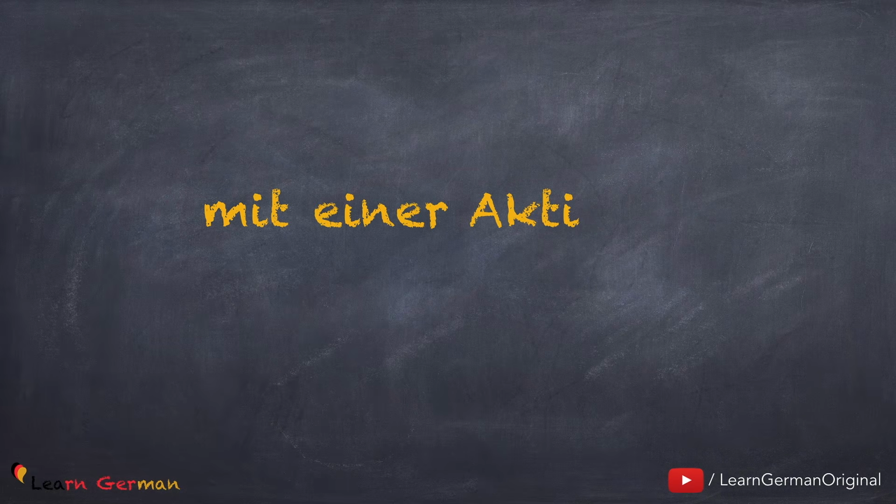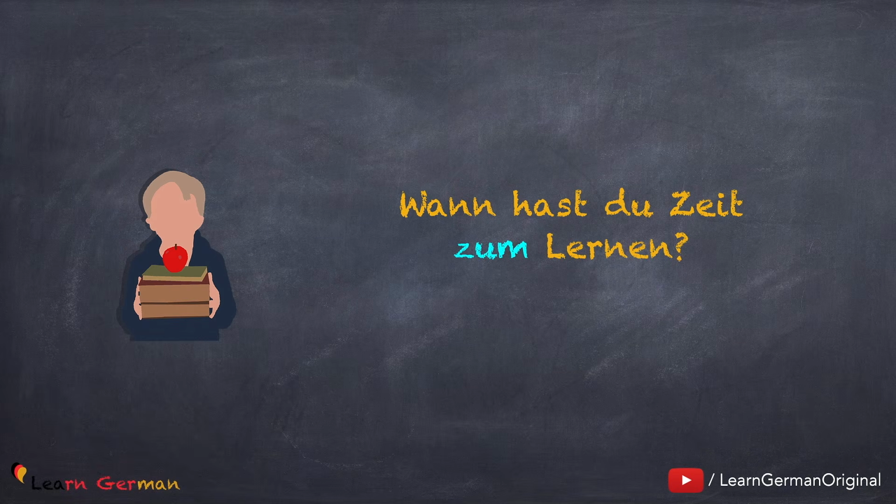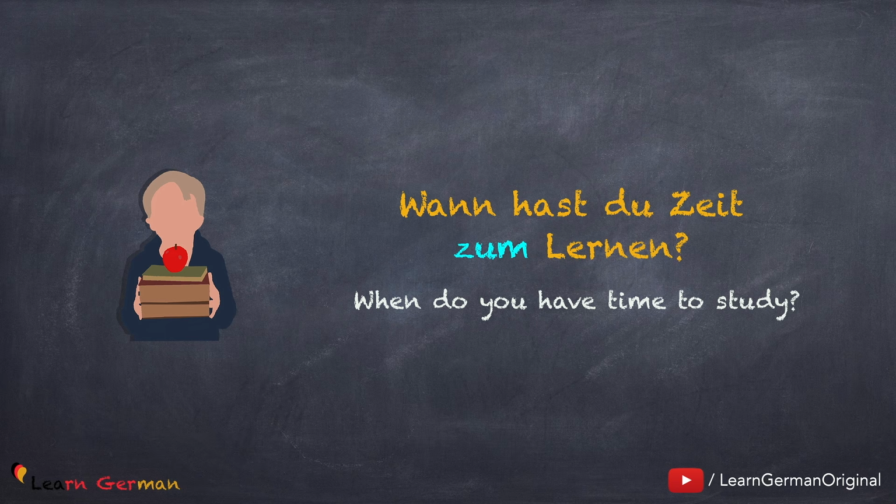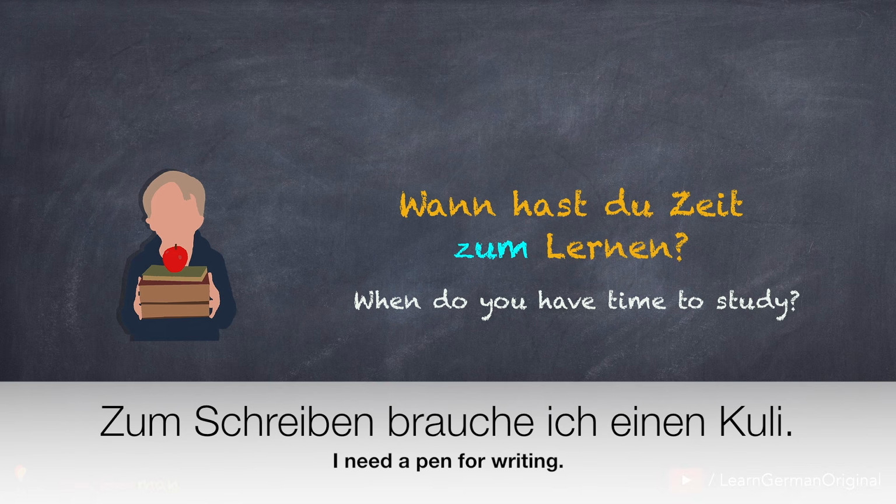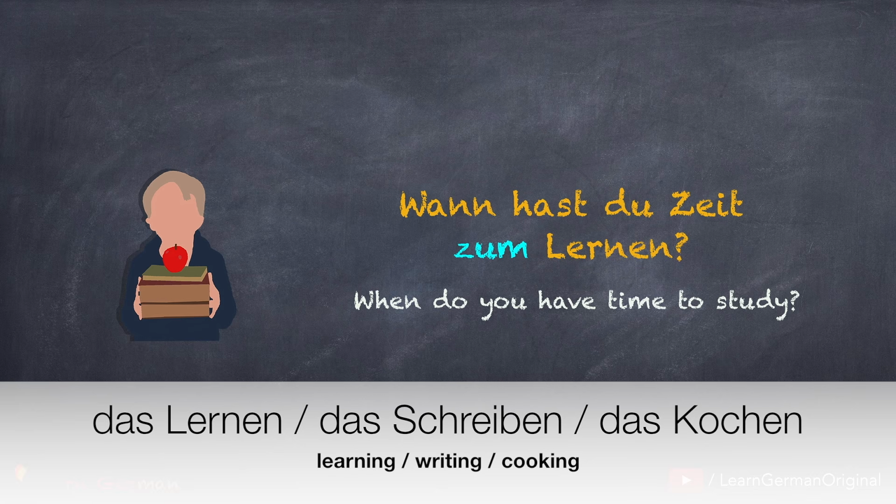Let's move on to another use of zu, mit einer Aktivität. For example, wann hast du Zeit zum Lernen? Or another example could be, zum Schreiben brauche ich einen Kuli. Here the verb is being used as a noun. Lernen, schreiben oder kochen.